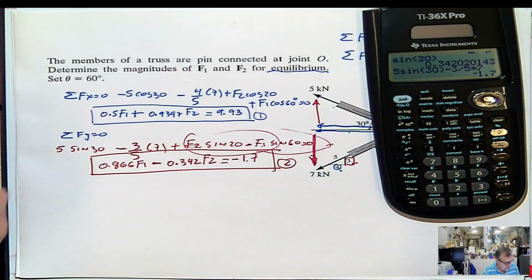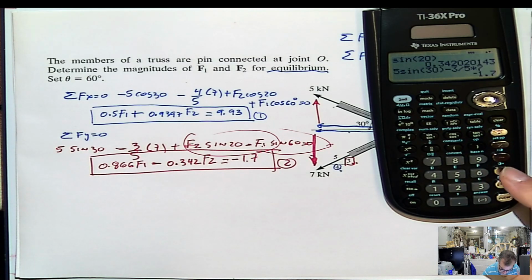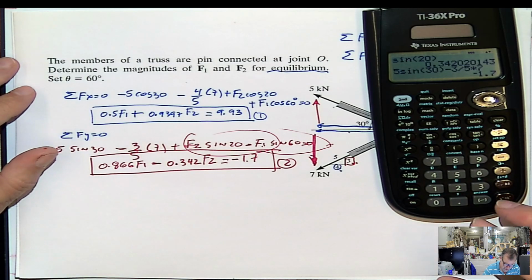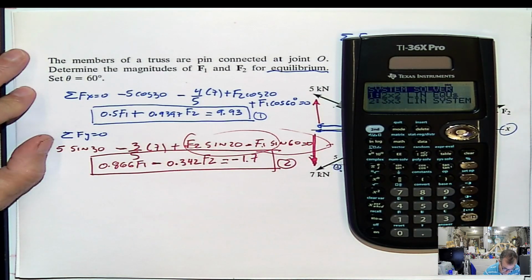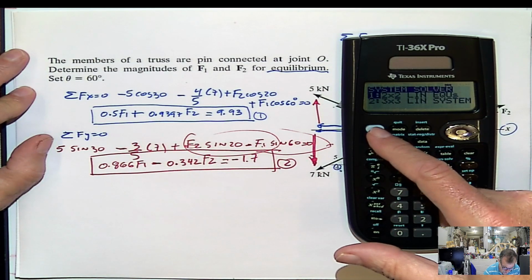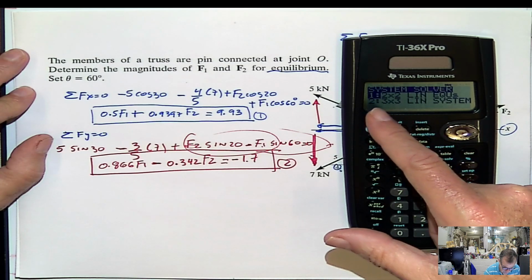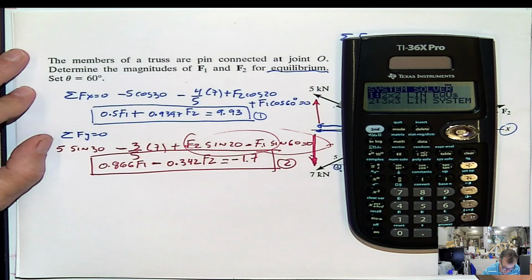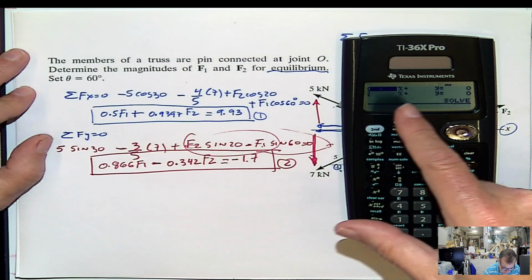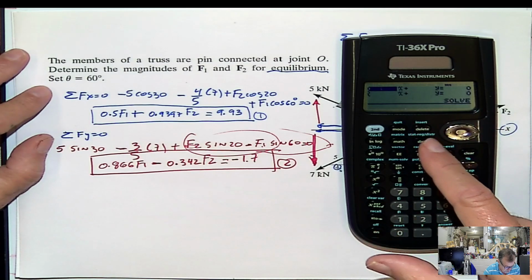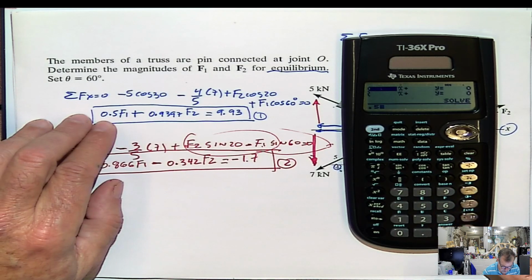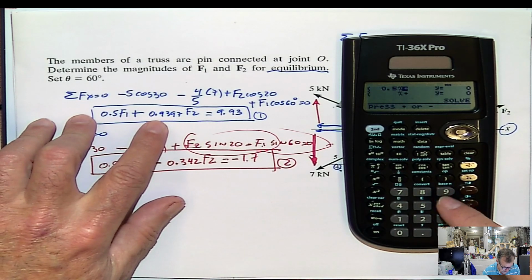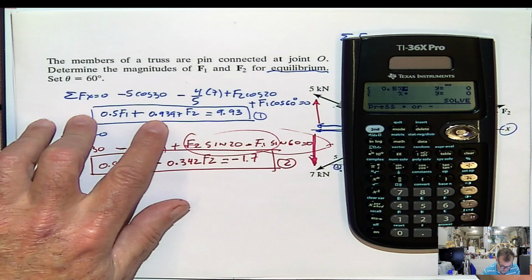Now we can solve this system in any way that you want to. I know this calculator solves the system, and I have a small video about that. Let me see if I remember how, because I never do that. You click System Solver here, and now you go to linear equations 2 by 2, which is 1. What is the coefficient here for the first variable? 0.5, and for the second is 0.9397.